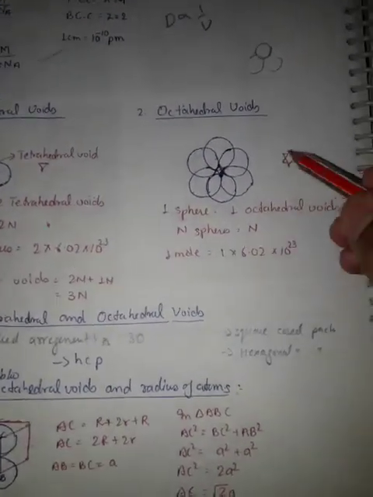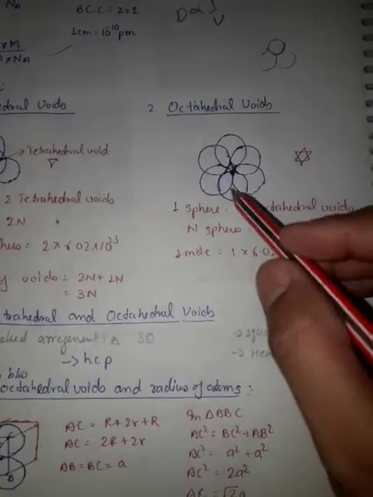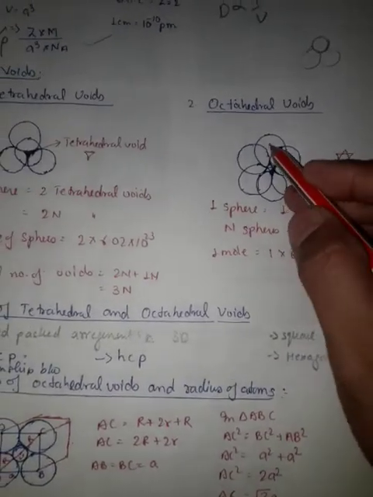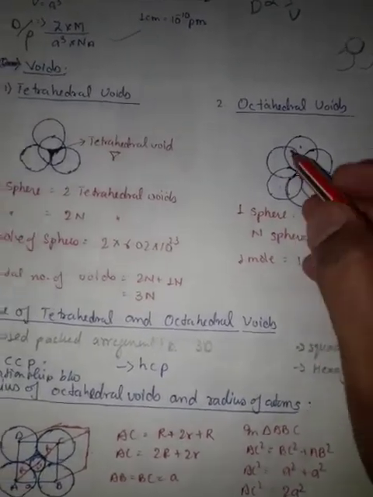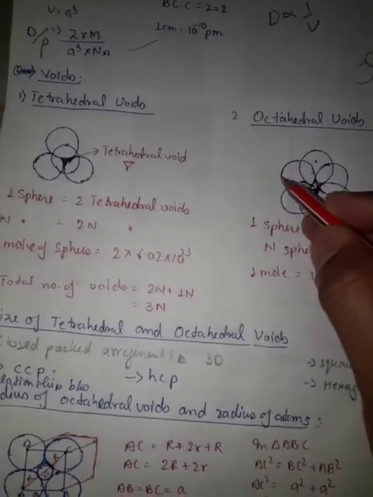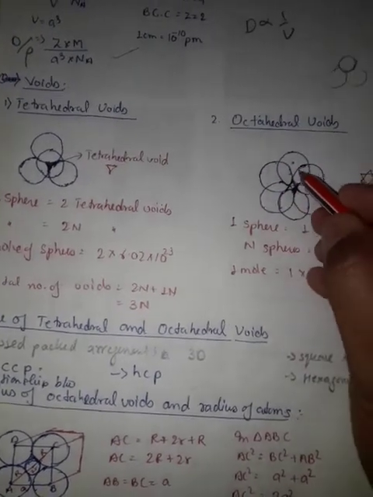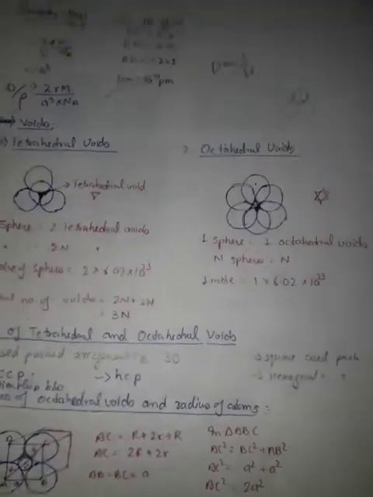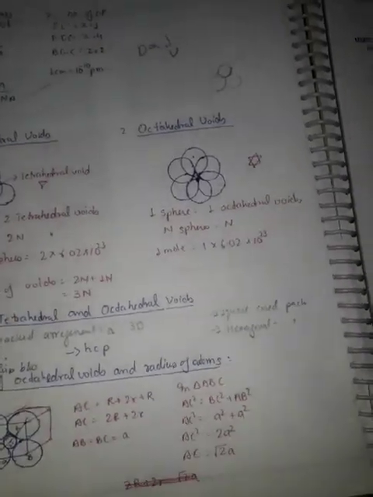And in octahedral void, what you see is 3 atoms arranged down and 3 atoms here. Let me mark with different colors so you can easily understand.